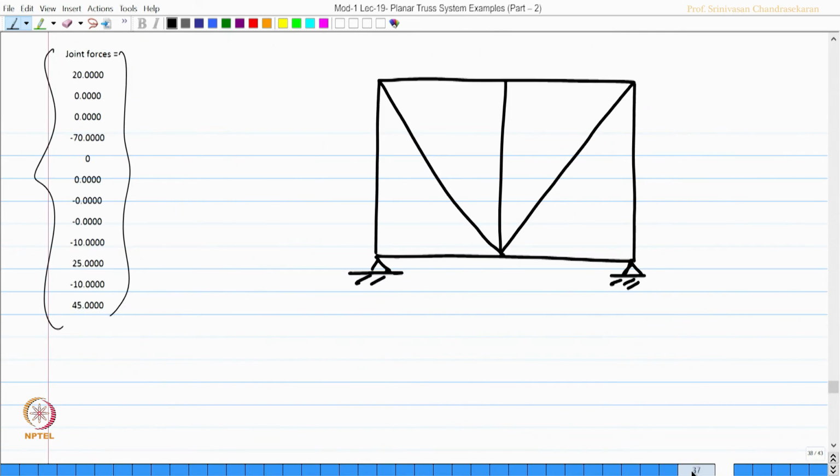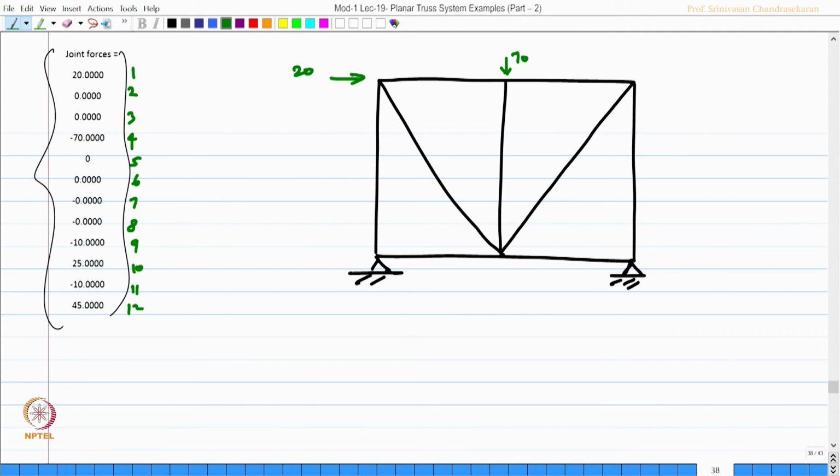So, I should mark this as plus 20, okay. Then 0 for 2 and 3, this is minus 70, 4, 5 is 0, remaining all are 0. This is 1, 2, 3, 4, 5, 6, 7, 8, 9, 10, 11 and 12.